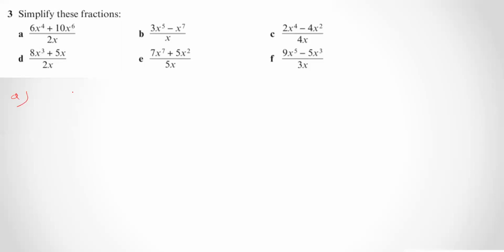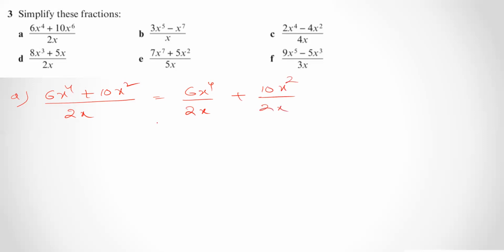A. You have 6x power 4 plus 10x square, whole divided by 2x. This addition sign shows that we cannot multiply x power 4 with this x power 2, right? This is addition, so we cannot join them together. But this whole divided by 2x shows that 6x power 4 is divided by 2x, as well as 10x power 2 divided by 2x.